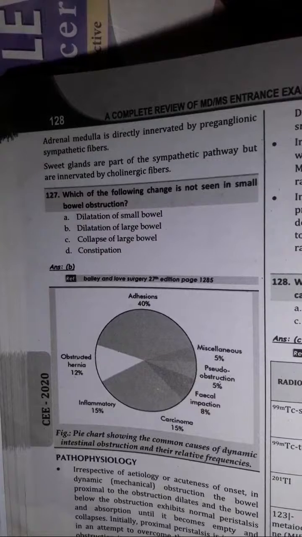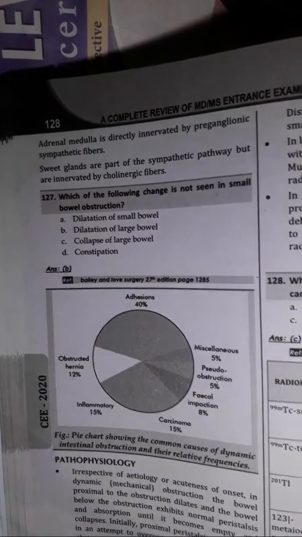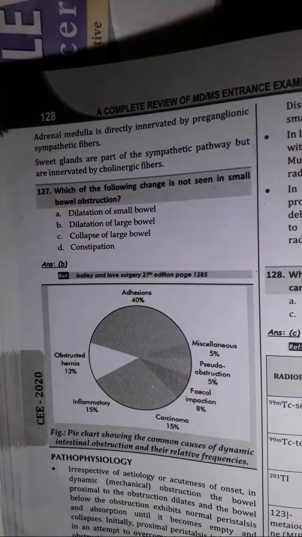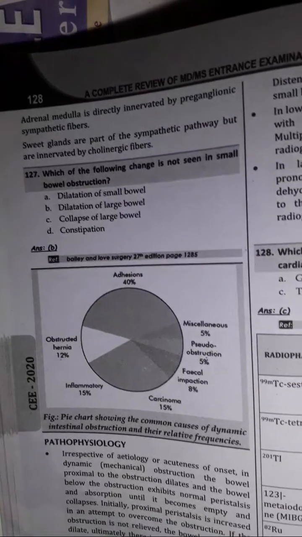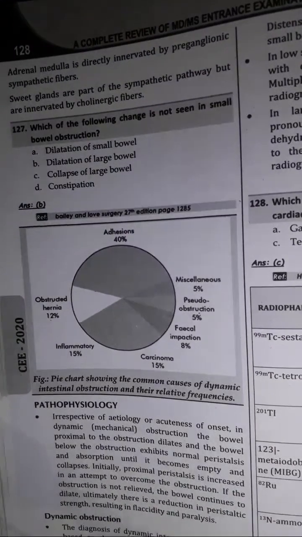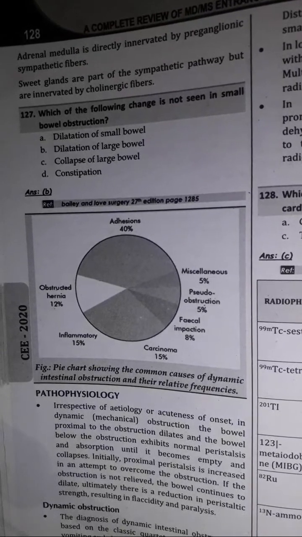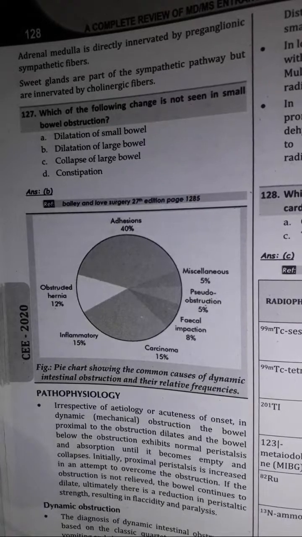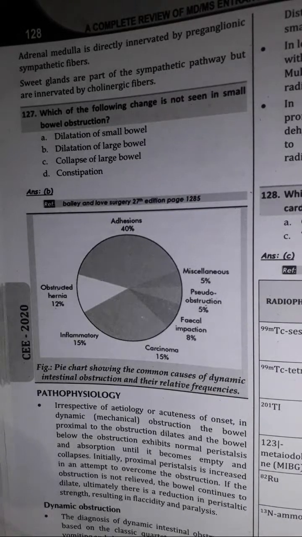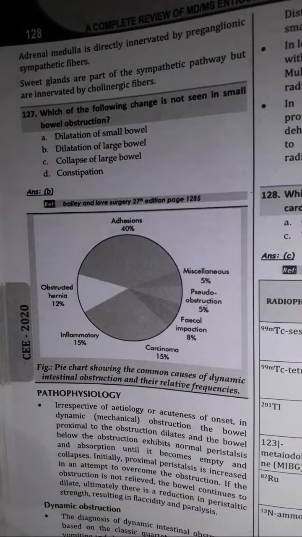Pathophysiology of intestinal obstruction. Irrespective of etiology and acuteness of onset, in dynamic mechanical obstruction, the bowel proximal to the obstruction dilates and the bowel below the obstruction exhibits normal peristalsis and absorption until it becomes empty and collapses.